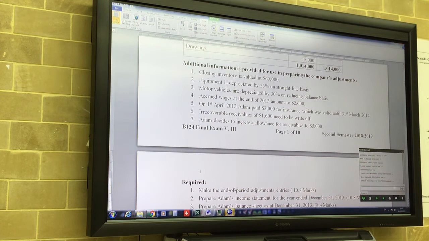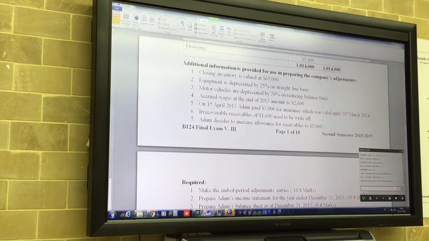So now, which one? Number 6. He said irrecoverable receivables of 1,600 need to be written off. So we need to write the entry for irrecoverable receivables.